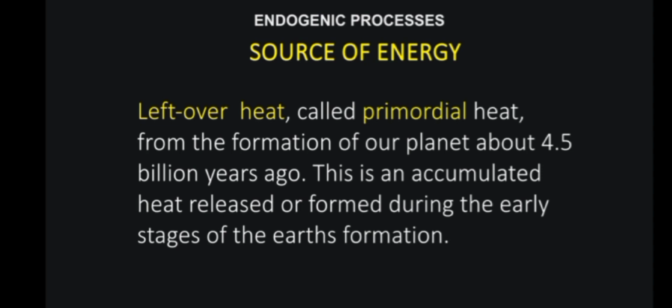Without this ongoing dissipation of the Earth's internal heat, the planet would become a frozen, lifeless world, uninhabitable. This primordial heat is a critical factor that makes the Earth a suitable environment for life to thrive.